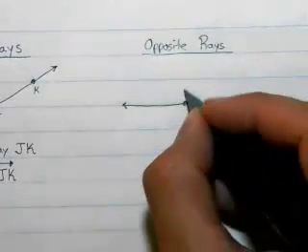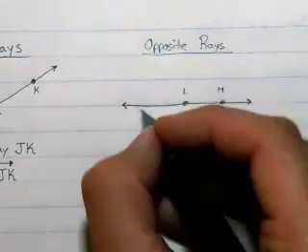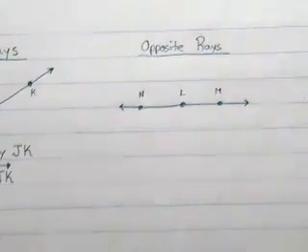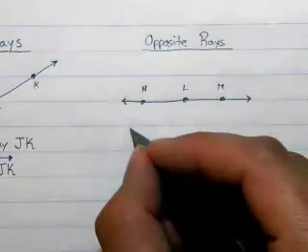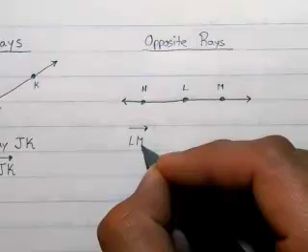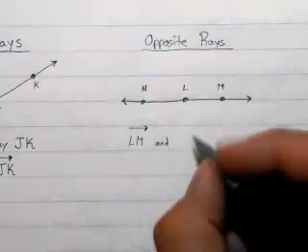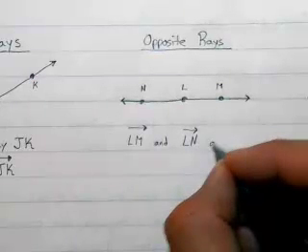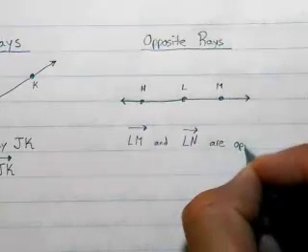So let's see, you've got L, M, N. Okay, so ray LM and ray LN are opposite rays.